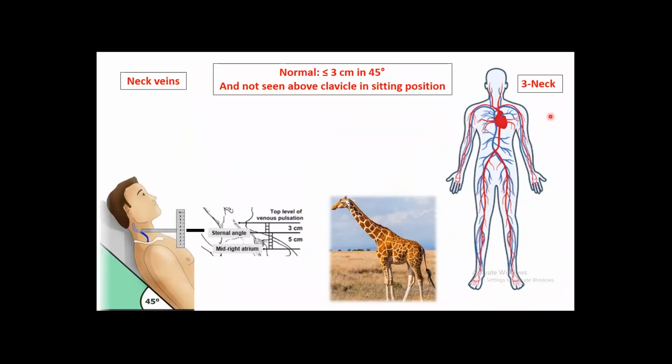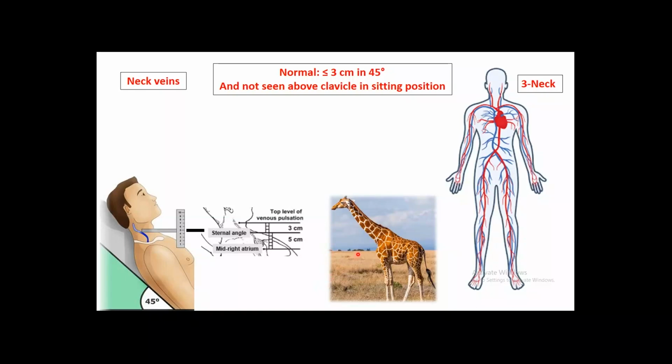Then moving to the neck. A nice piece of information is that the giraffe has a valve in its internal jugular vein to prevent a drop of this large column of blood while the giraffe puts its head downward while eating.